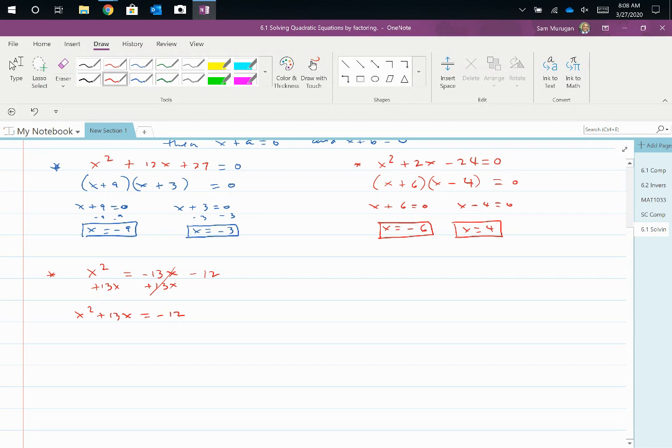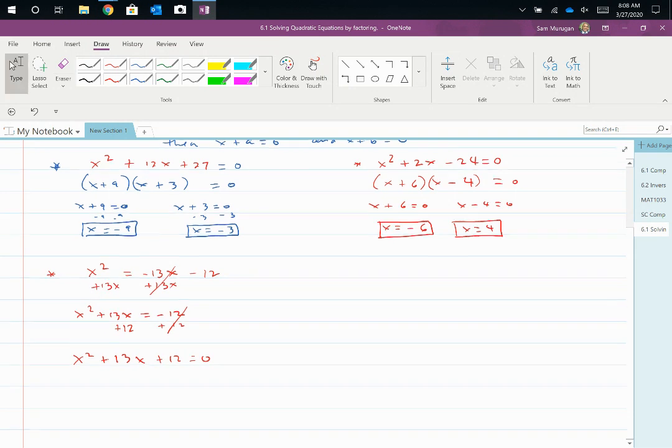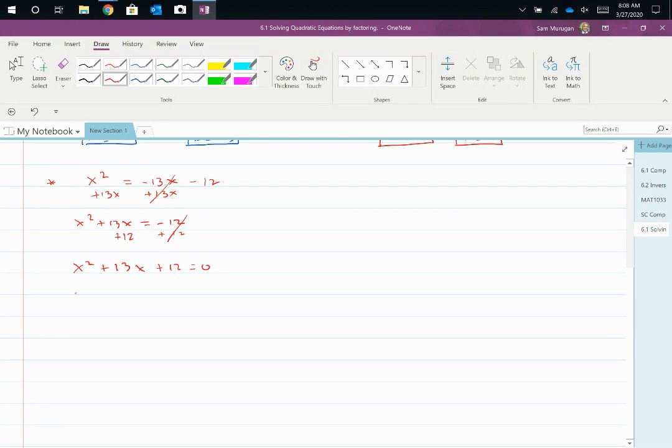Then I would add 12 to both sides. So it's x squared plus 13x plus 12 equal to 0. Once the equation is set equal to 0, we proceed to factor it.